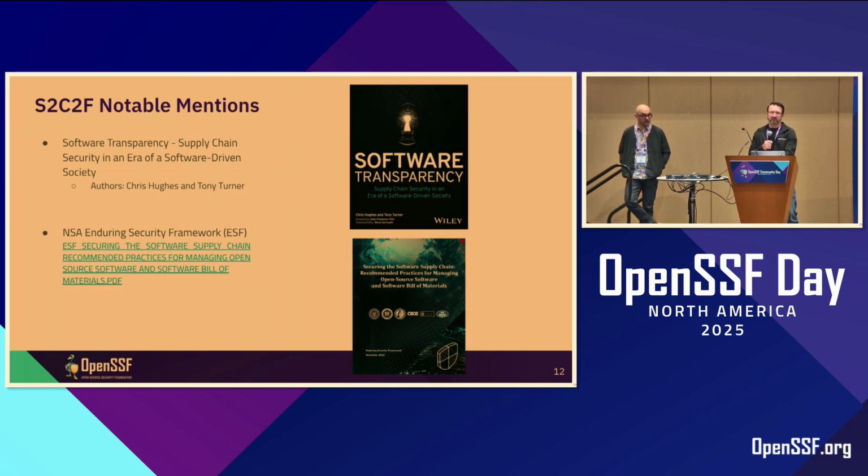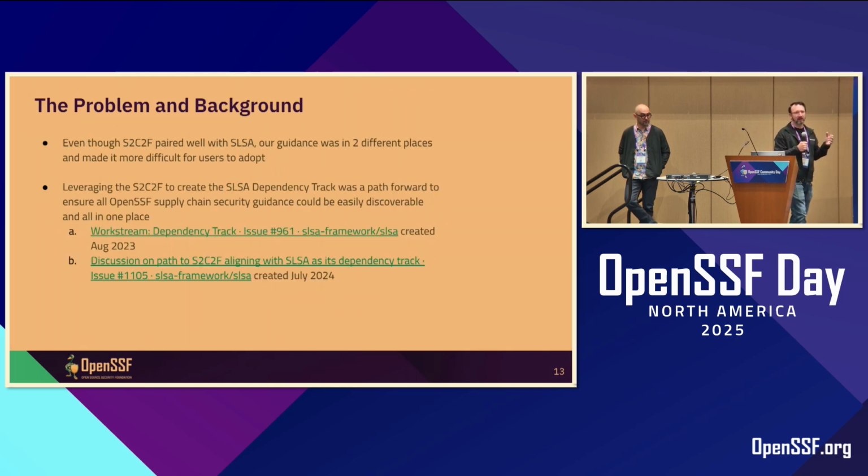And so all of that is to say that the S2C2F has been out there. It's recognized and has been providing great recommendations on what organizations can do to protect themselves.